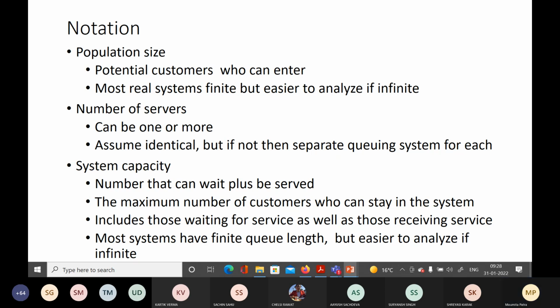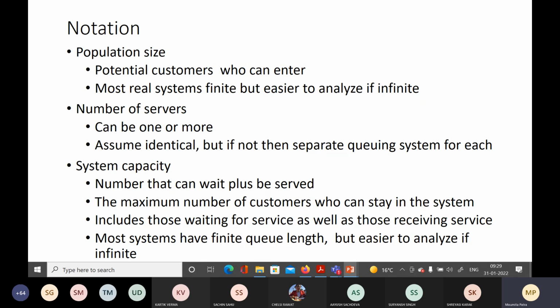Then comes the number of servers. As I already told you, the number of servers can be either one or more than one, depending upon what kind of system you are looking at. Of course, when we do mathematical analysis, we make some loose assumptions. The loose assumption is that these servers are mostly considered to be identical.